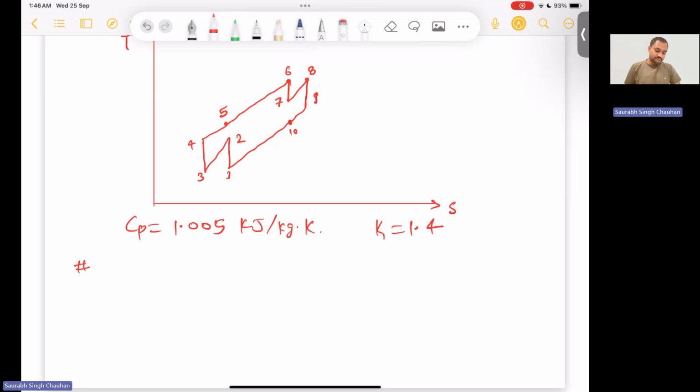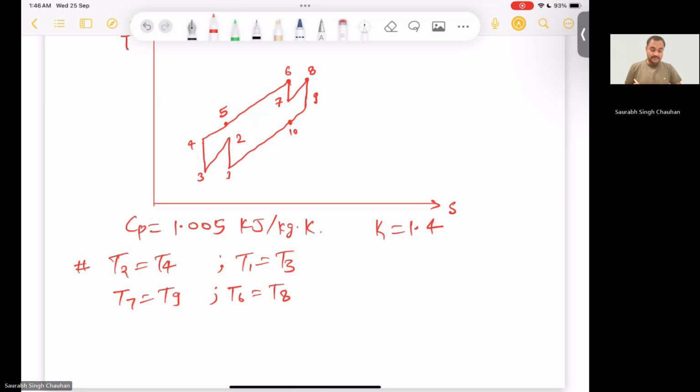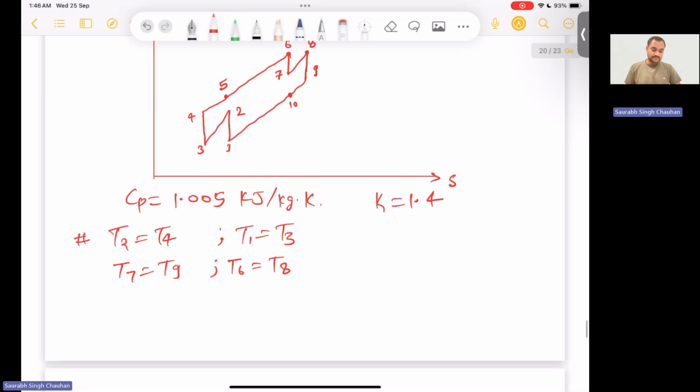So we can write T2 is equal to T4, and T1 is equal to T3. This is the inlet condition. And similarly for the turbines, you can write T7 is equal to T9, and T6 is equal to T8.